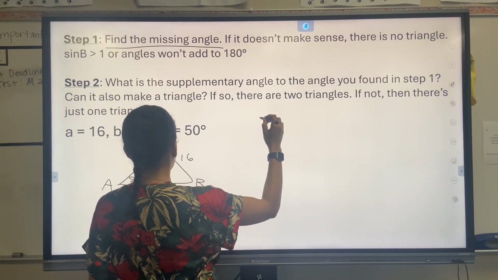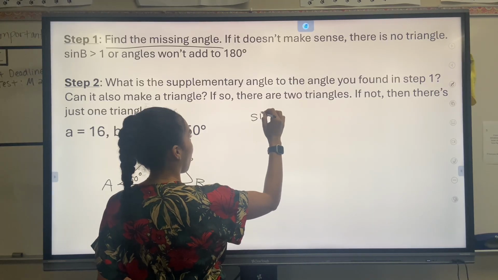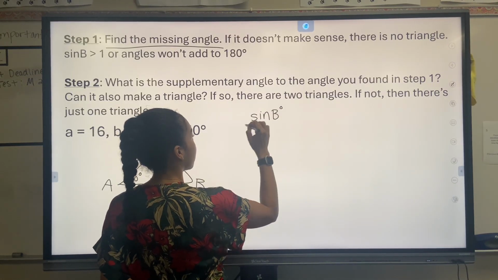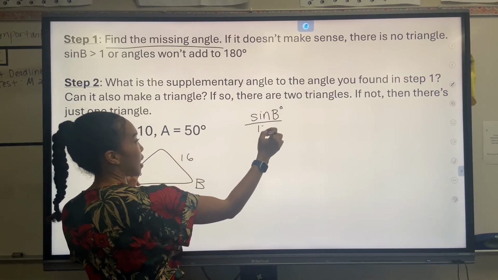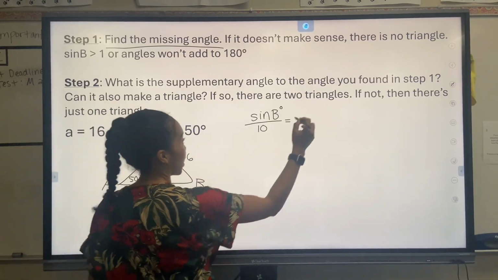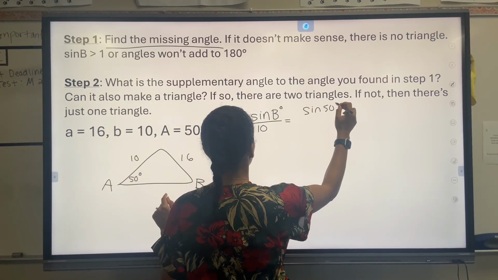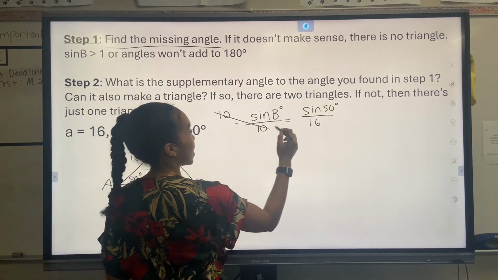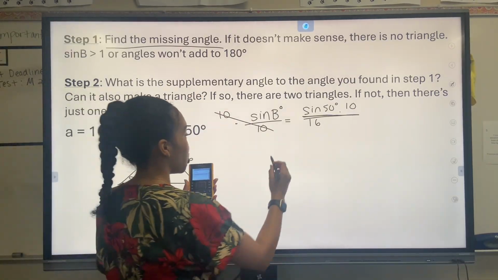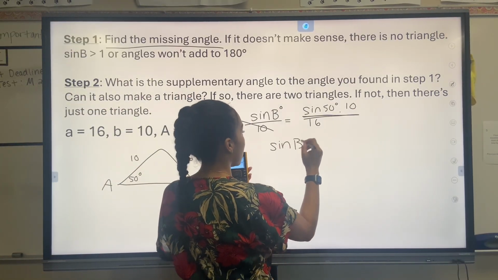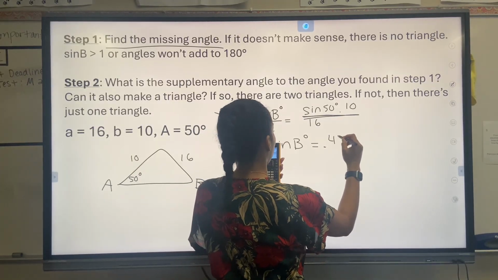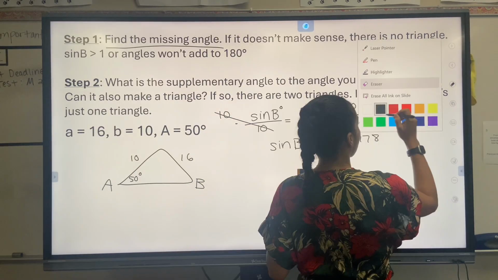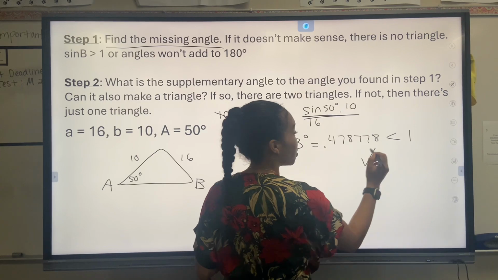I want angle B, and I put it over its side, and then I have sine of 50 degrees over 16. Multiply both sides by 10. You should get sine of B is equal to 0.478778. This is less than 1, so it's good so far.